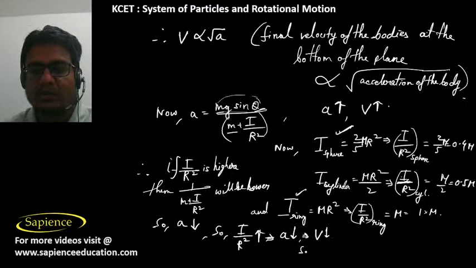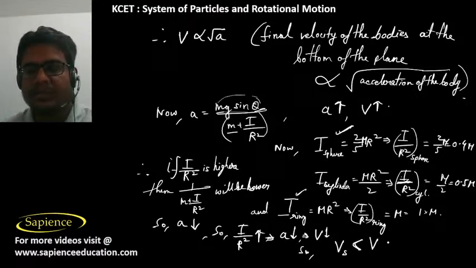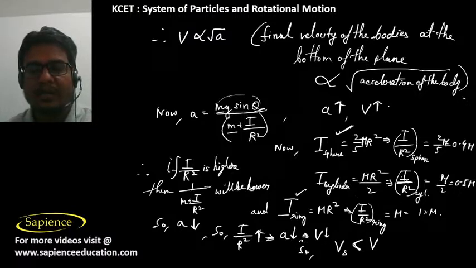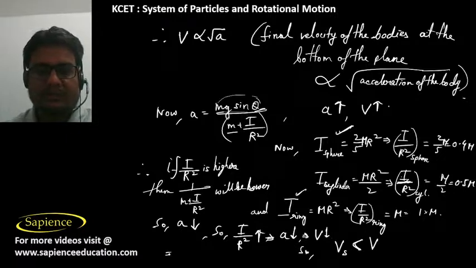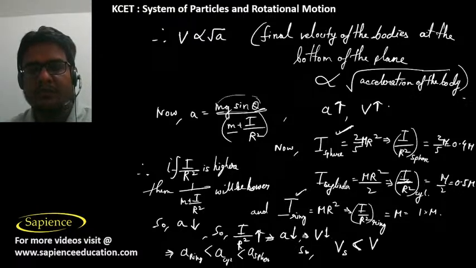Therefore the acceleration of the ring will be the least, and then the acceleration of the cylinder, and then the acceleration of the sphere. So the acceleration of the sphere will be the highest.